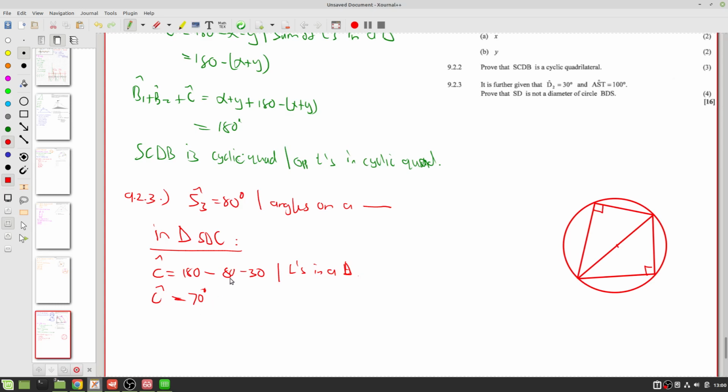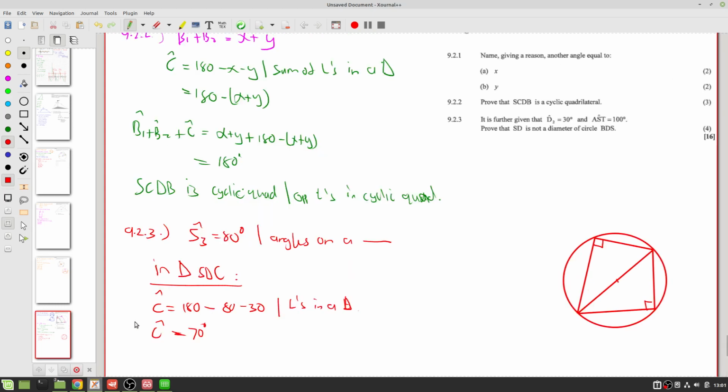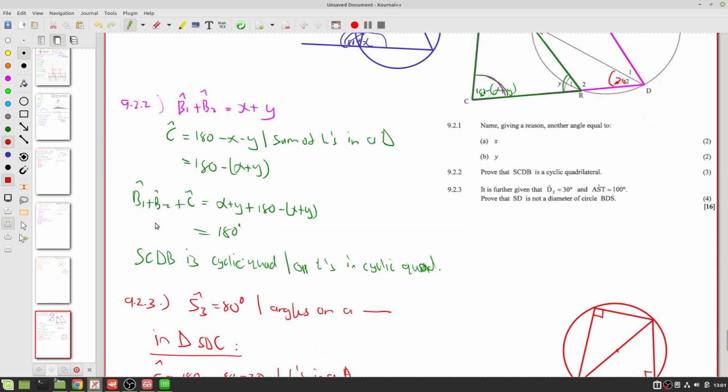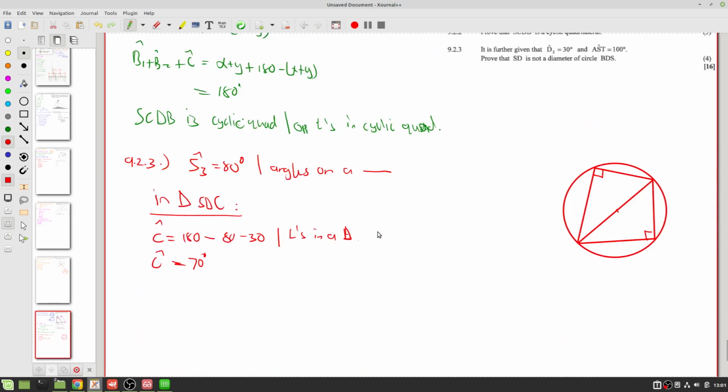That's the first part. Now let's also show the other one, angle B. We found that angle B plus angle C equals 180.